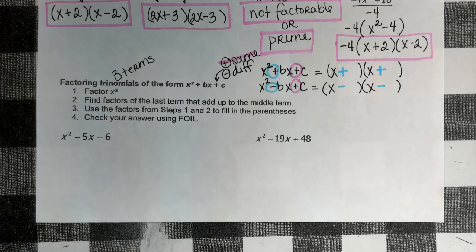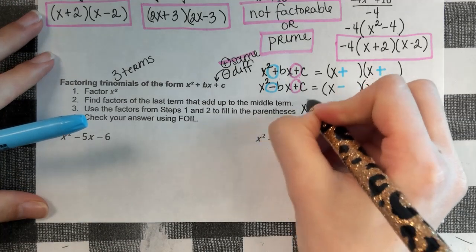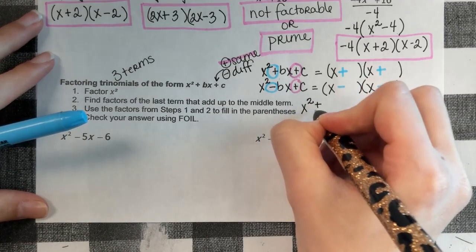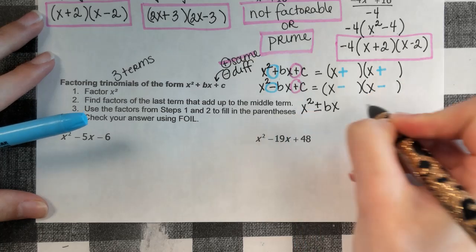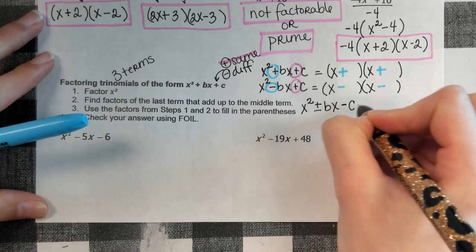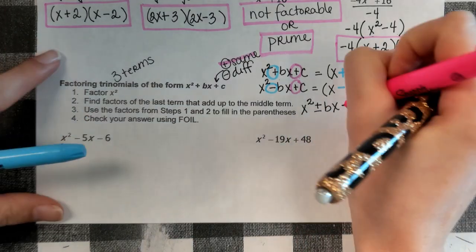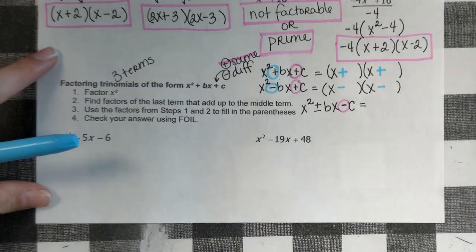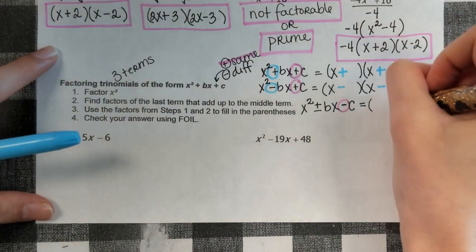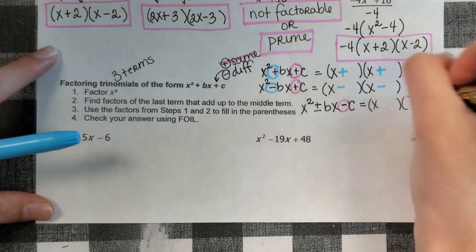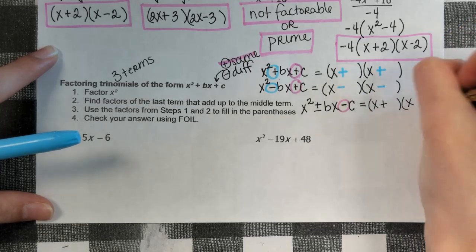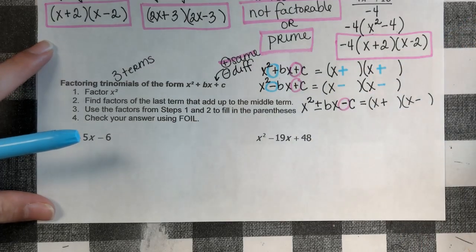Now, if you have x squared either plus or minus, it doesn't matter what that middle term is. If I have a minus c, then that minus tells me automatically they're going to be different signs. So one's going to be a plus, one's going to be a minus.